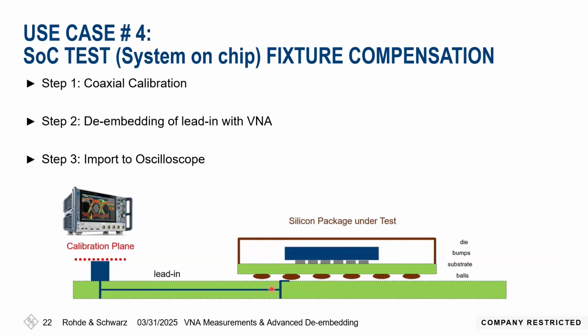So with the help of the vector network analyzer and de-embedding techniques, we can actually measure this lead-in and import the S2P file on the oscilloscope and have our results for this package under test.